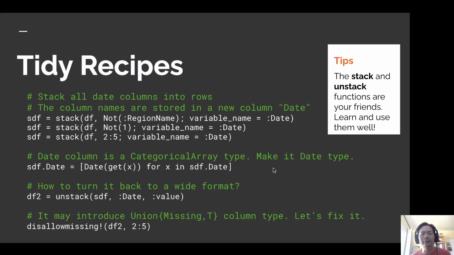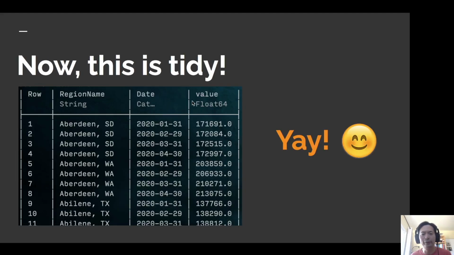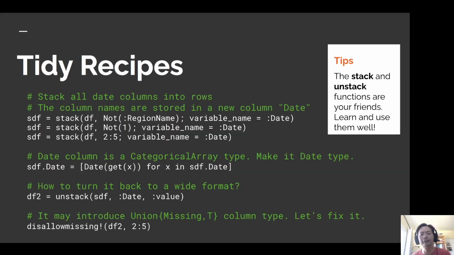And one interesting thing about the stack function is that it will turn the column names into a categorical array. If you come back to this screenshot, you'll see that the data type under the date column is cat something, right? The screen is a little too small to show what it is, but it turns out that it is a categorical array, right?